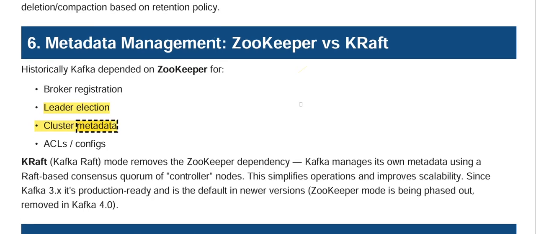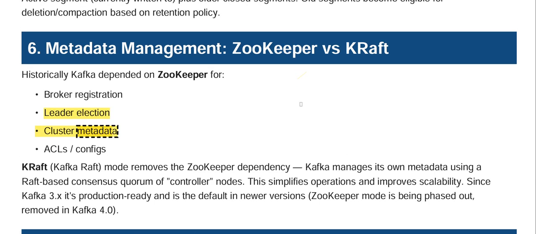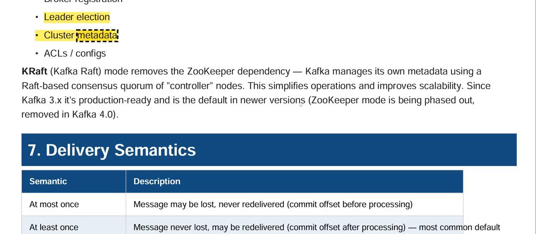KRaft is the mode removing the ZooKeeper dependency. Kafka manages its own metadata using a quorum of controller nodes. This simplifies operations and improves scale. KRaft is production ready and the default in newer versions, and ZooKeeper mode is phased out, removed in Kafka 4.0.